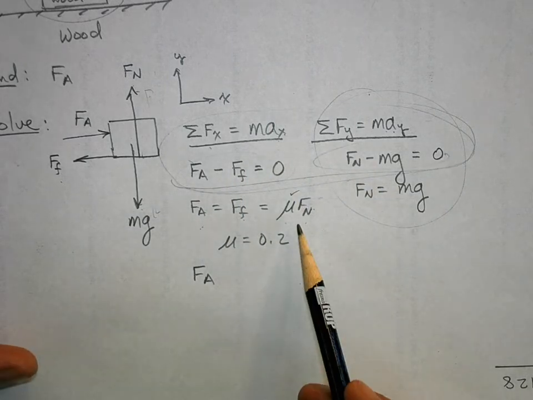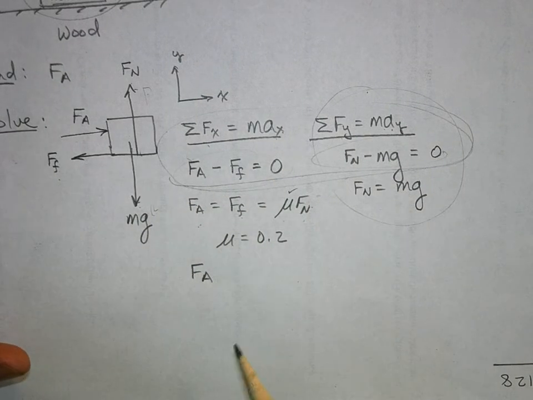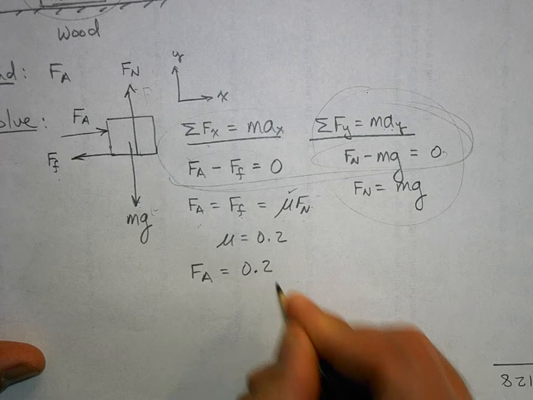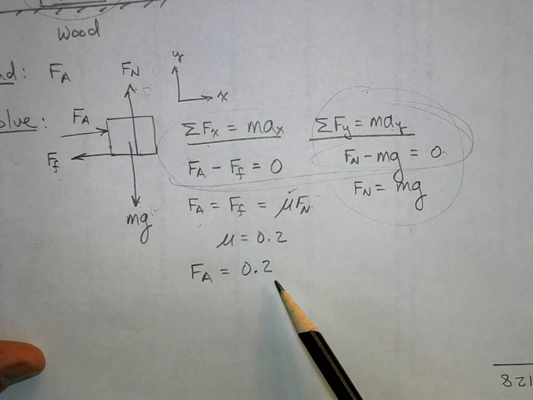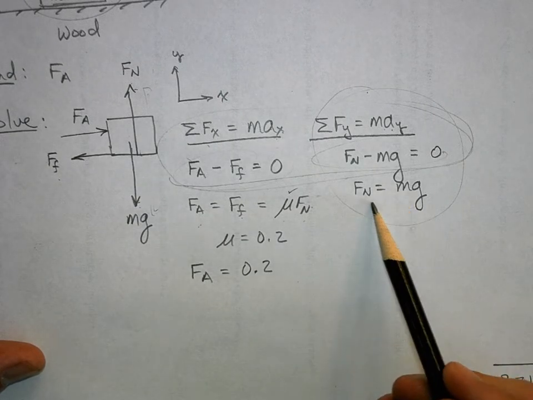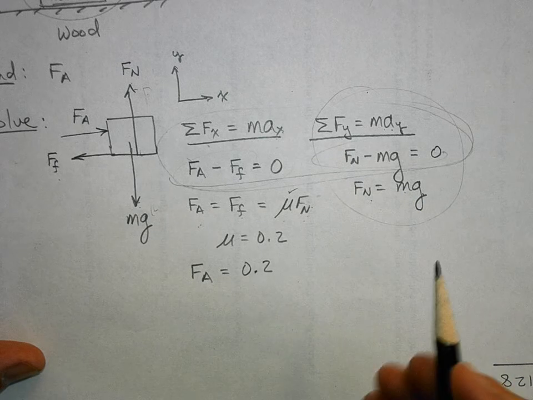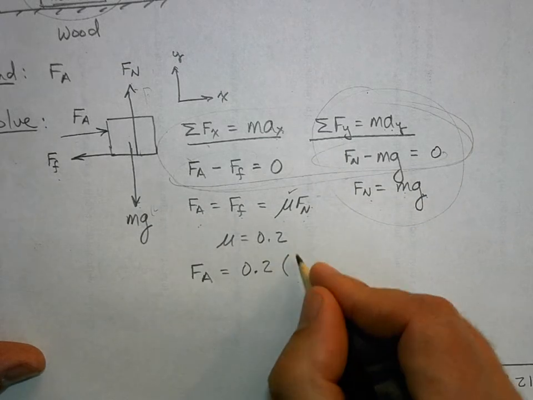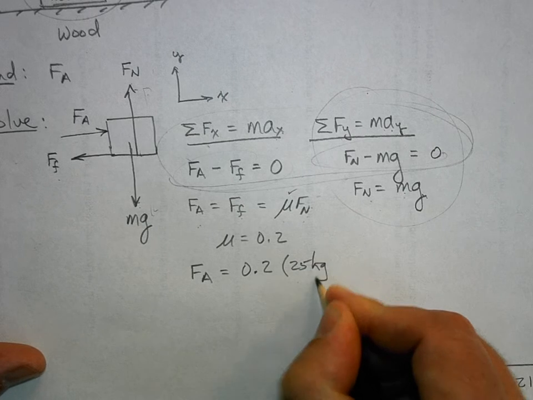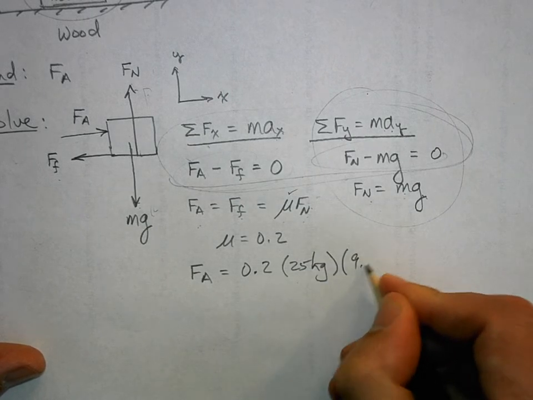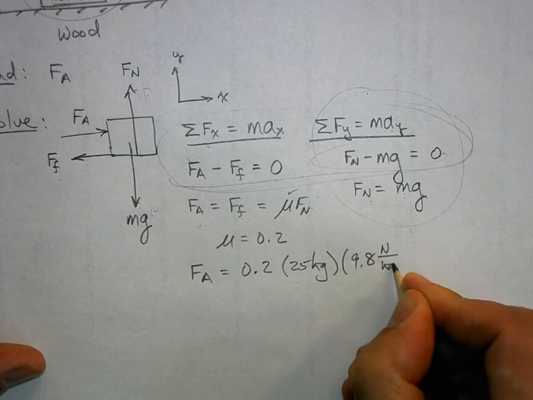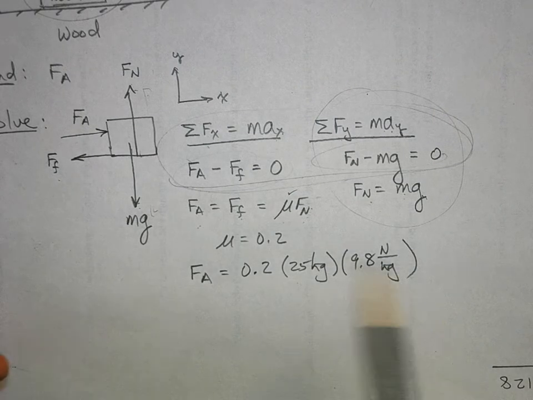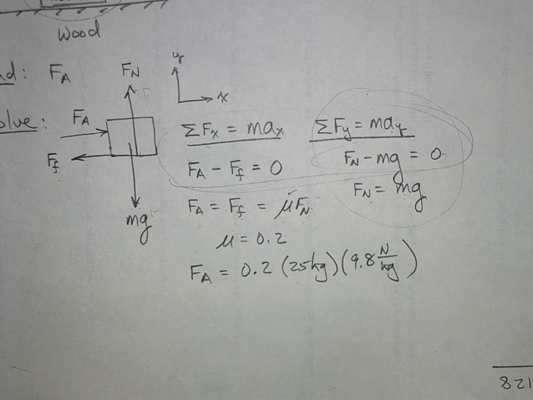And now you have to know that friction equals mu times the normal force. So that's going to be 0.2, and you can put newtons per newton if you want. But then the normal force is just mass times g. The mass is 25 kilograms, and g is 9.8 newtons per kilogram. Yes, you can put meters per second squared if you want, but think of it, there's no acceleration here. It's not in free fall.